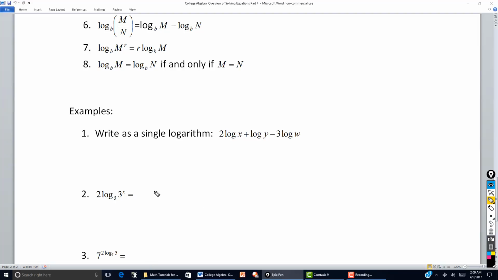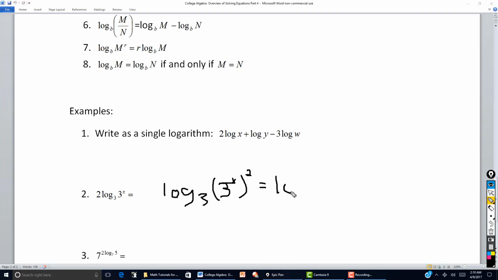So I would rewrite this as the log, and then this coefficient becomes a power to this base right here. So this would be 3 to the x, and that would be taken to the second power.